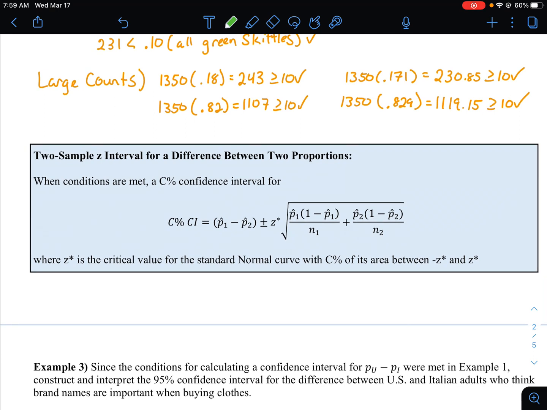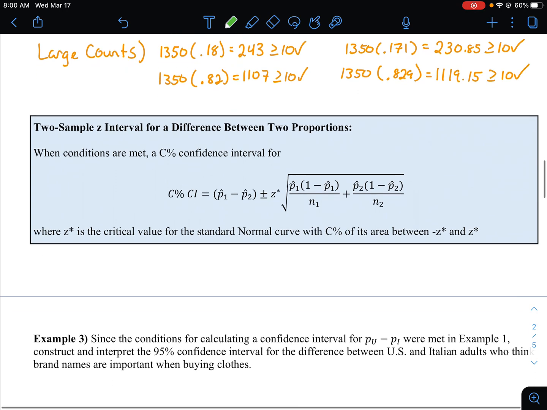So that's the difference in our formula. But again, you're going to be able to do this on your calculator. You still want to know the formula so that you can plug in. But ultimately, we want to make sure that we understand what the formula is and how we can produce our confidence interval on the calculator.